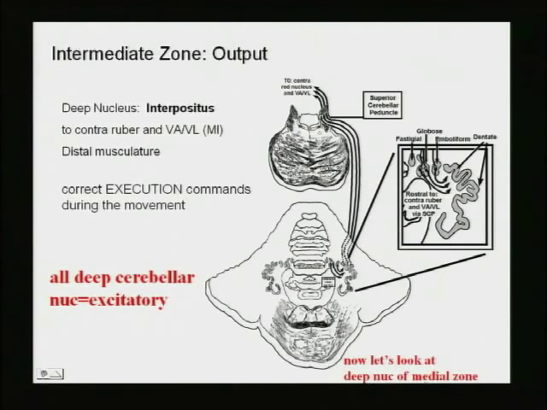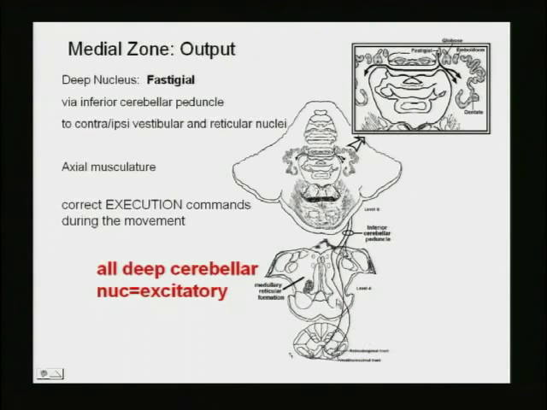Now let's take a look at the deep nucleus of the medial zone, which would be the fastigial. Okay, so now we're talking about the medial zone. We're talking about inputs there that are concerned with proximal musculature, axial musculature. It could be coming from the contralateral pontine gray, or it could be coming from cuneo-cerebellar or dorsal spinal cerebellar tracts.